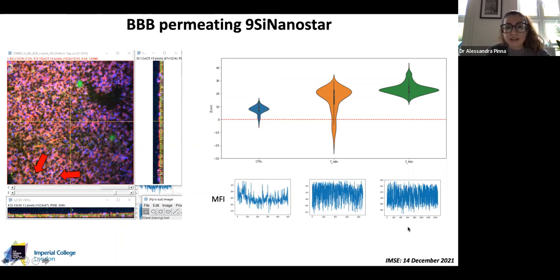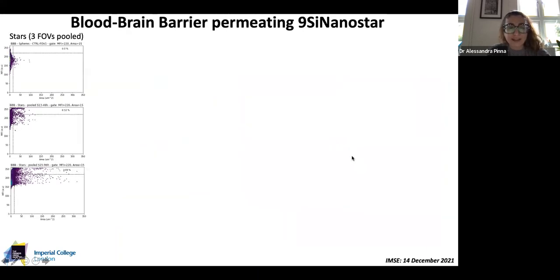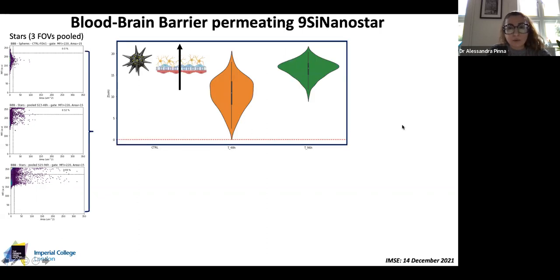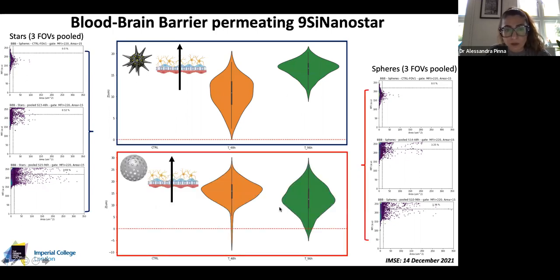So before quantifying the particles, we excluded all the pixels coming from the control. And then we were able to compare the results between the star-shaped nanoparticles and the spherical ones.